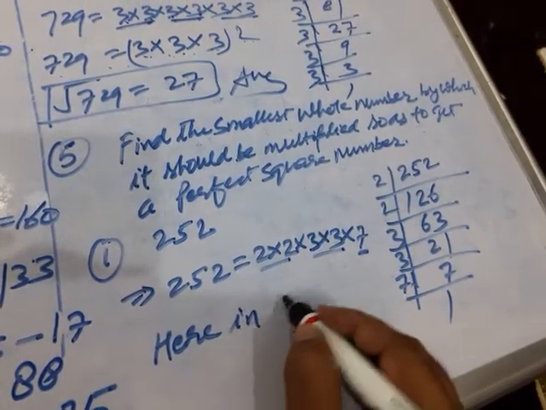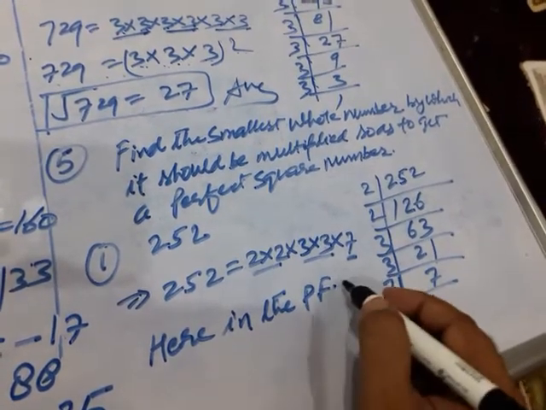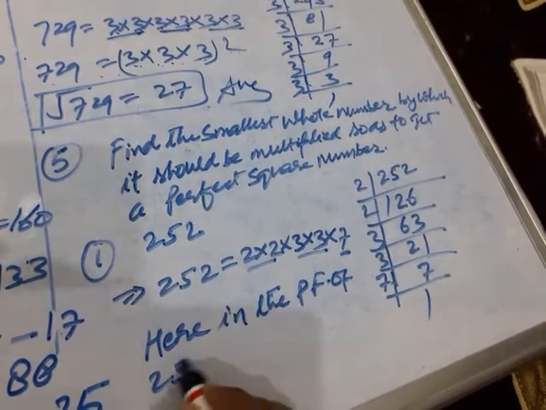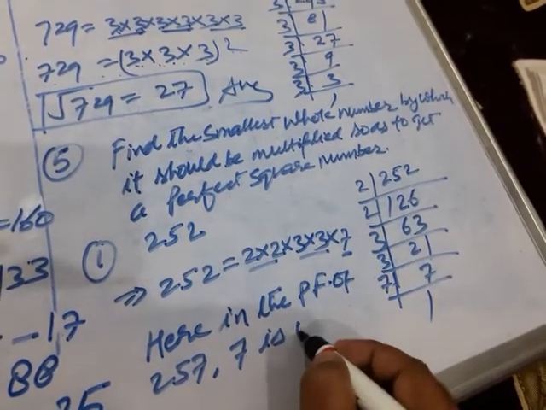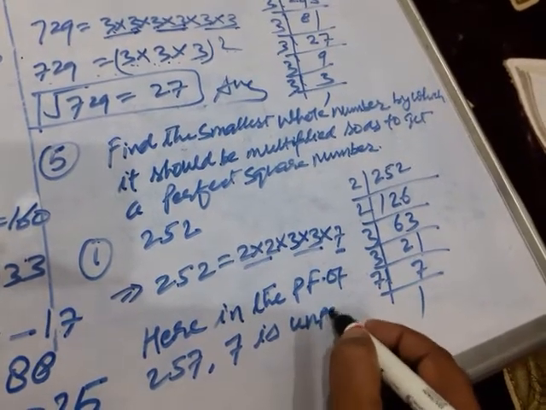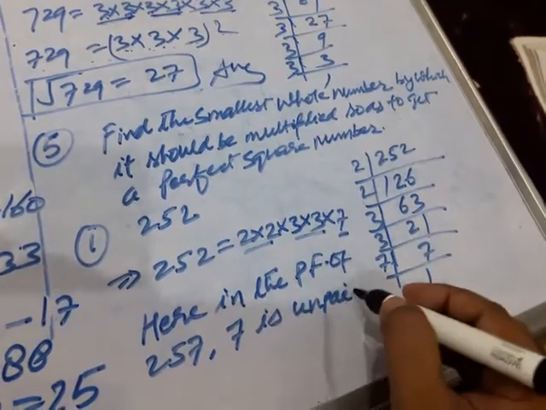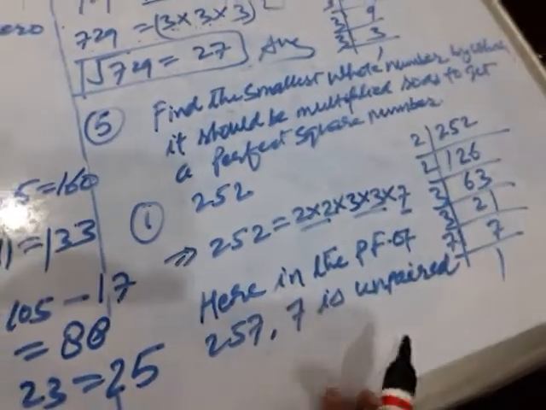In the prime factorization of 252, 7 is unpaired. Unpaired means it does not make a pair, only a single 7.